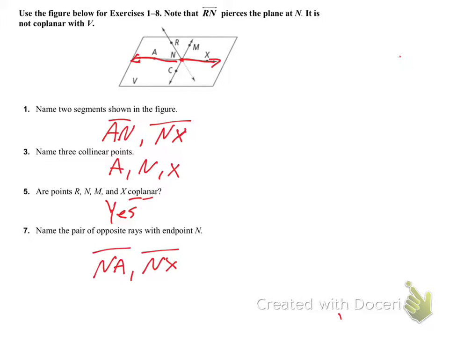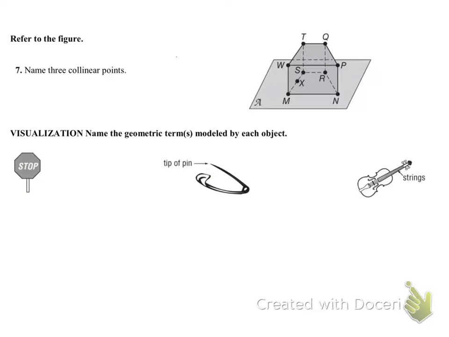Now you could also write that XN if you wanted to, and you could also write this AN if you wanted to. So any of these four, as long as they're opposite rays, would be fine. Name 3 collinear points. So 3 points on a line. I only see that on one, so that would be M, X, and S.